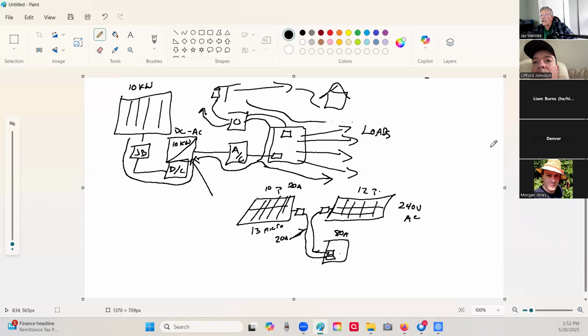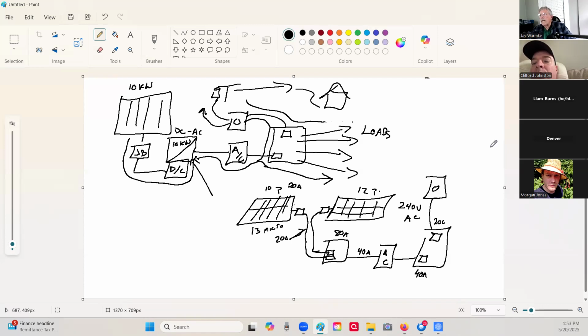It's not going to be quite 40 amps, but the output of this is going to be 40 amps. This is going to go to your AC disconnect, and then that's going to go into your service panel. So this is going to have 40 amps coming out. It's going to go into a 40 amp breaker over here. And then let's say that you've got 200 amp service. Then it's going to go out to your meter and so on.